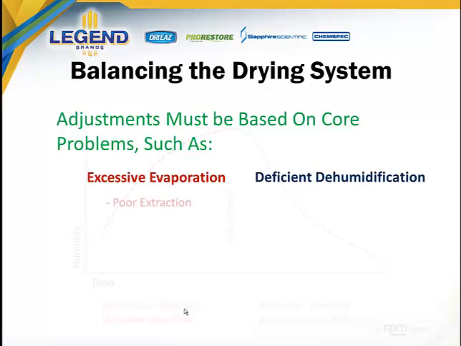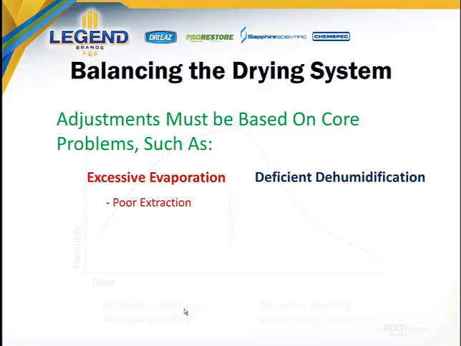Let's say, for example, that the reason why there is a humidity increase over time is because the extraction process, the vacuuming and evacuation of liquid water out of the building, failed. In other words, there are textiles within the environment that are still excessively damp, or there are trapped pockets of liquid standing water within spaces and voids within the structure.